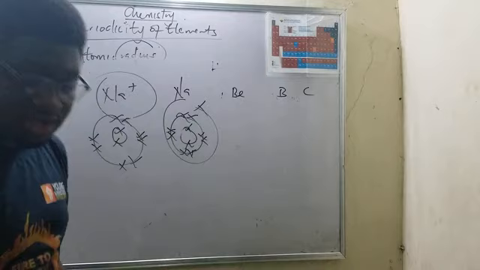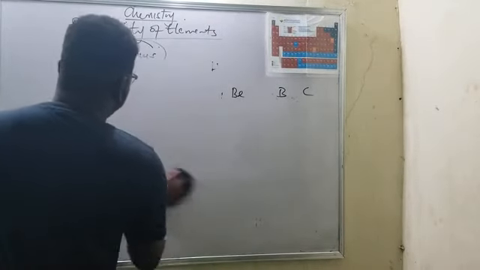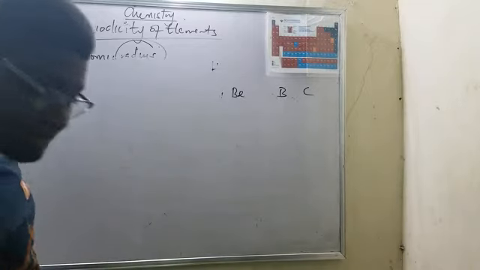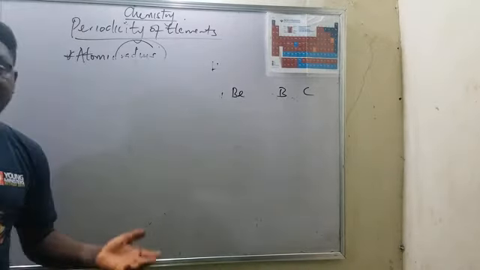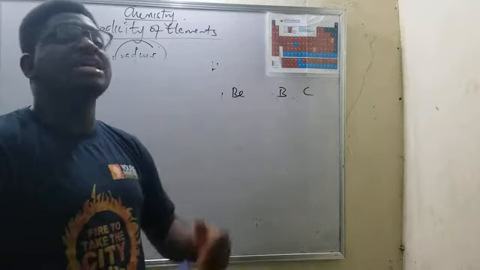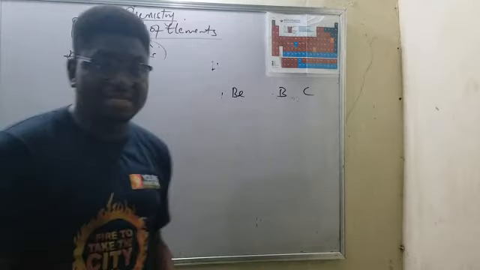But for an anion, for instance the chlorine atom, or any anion, the atomic radius is noticed to be bigger.